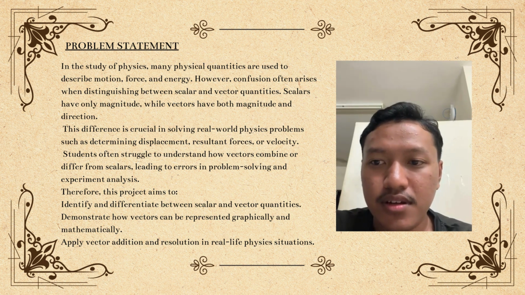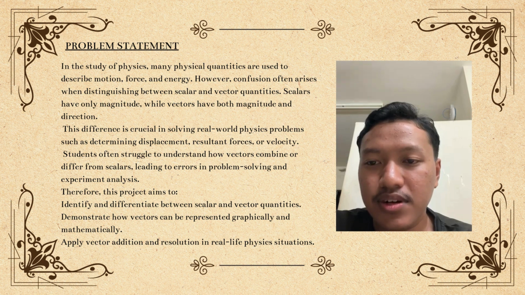This difference is crucial in solving real-world physics problems such as determining displacement, resultant forces, or velocity. Students often struggle to understand how vectors combine or differ from scalar, leading to errors in problem solving and experiment analysis.